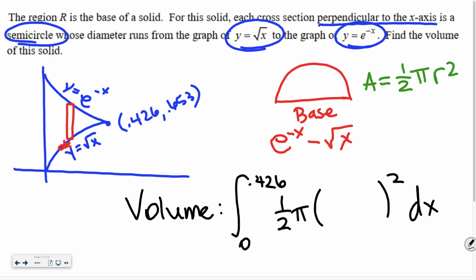No, you told me that was the diameter. So to get our radius, we take the diameter and cut it in half. So here's our semicircle, dx, and then that integral is adding the slices together.